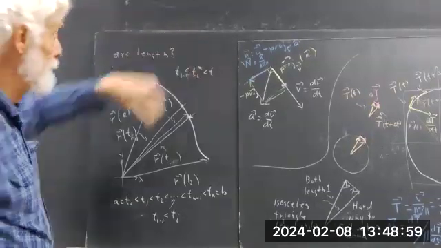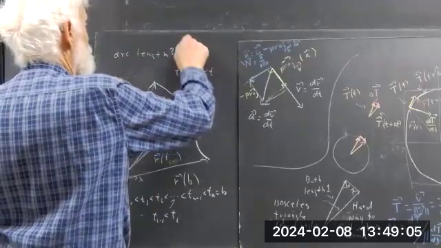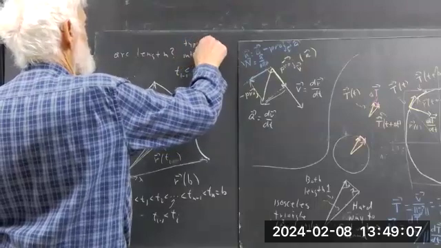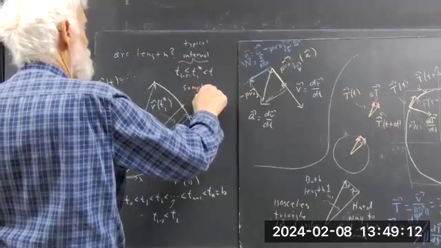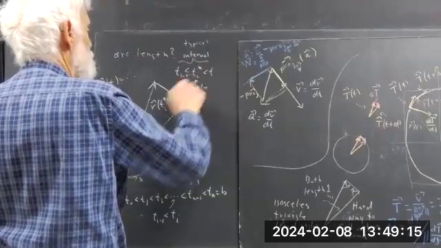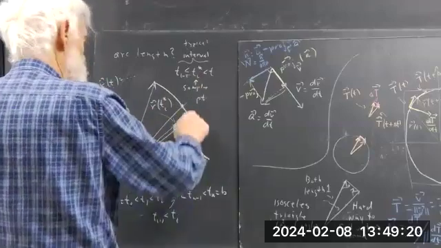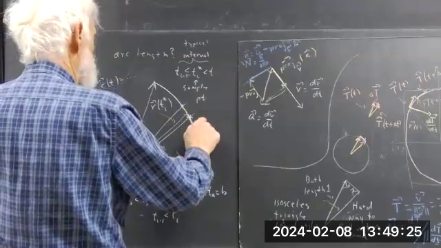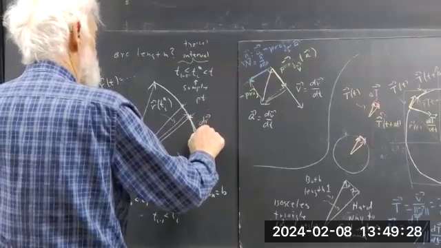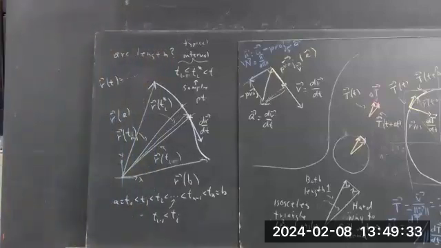Here's the typical interval, the i-th interval with the i-th sample point. At this sample point, you calculate r'(t).